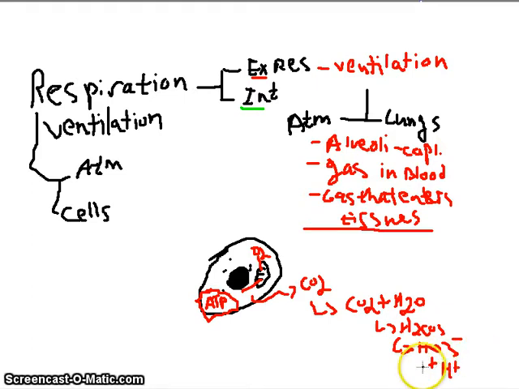Why? Because hydrogen increase is because of carbon dioxide increase. Hydrogen leads to acidosis. Sorry, yes, acidosis.